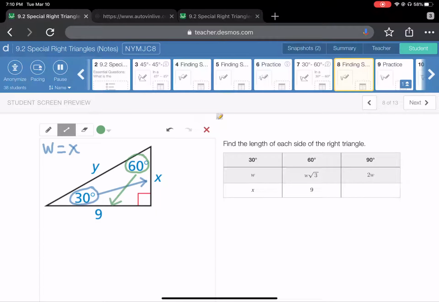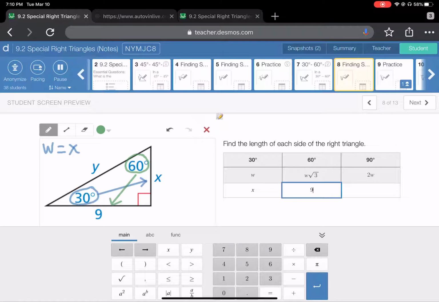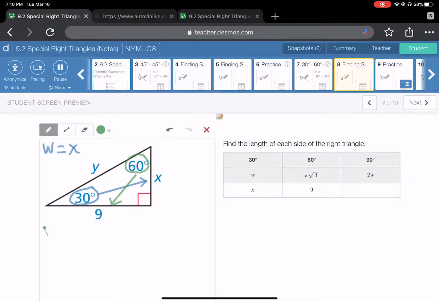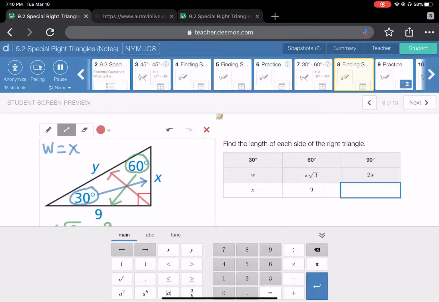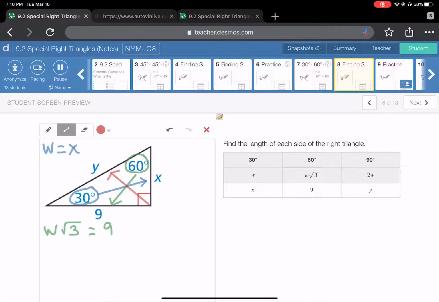Okay, and then I'm going to create an equation for this as well, using these two values under the 60 degrees. So I'm going to say that W square root of 3 is equal to 9. Alright. And then last but not least, we're going to set up our 90 degrees. So then draw a line across from the 90 degree, and we see that that side is equivalent to Y. Alright, and then lastly, we're going to set that equation up as well.